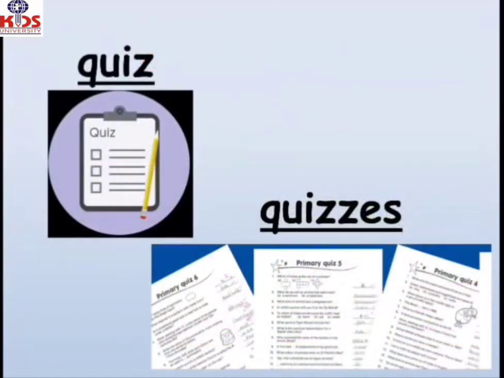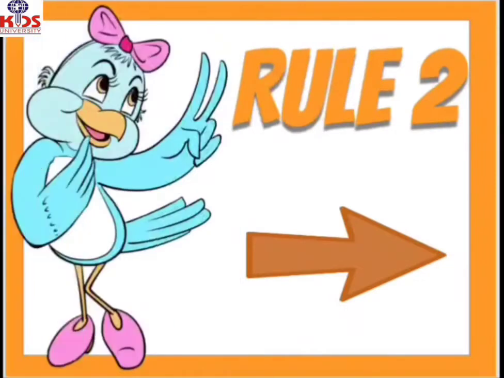The noun quiz ends with z, so we have added es to its plural form but with double z. The plural form of quiz is quizzes. Now let's discuss rule number 2.